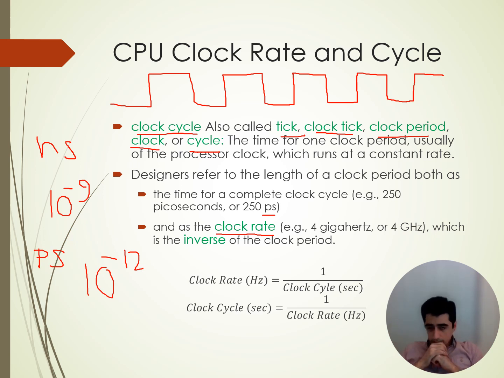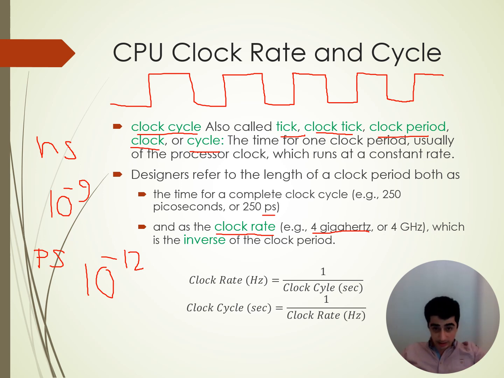And normally a clock rate of a CPU is in the order of gigahertz. Giga means 10 to the power of 9 hertz, right? So basically, as an example, we can say the clock rate of a CPU is 4 gigahertz, right? That basically means in 1 second, it will have 4 billion ticks, right?